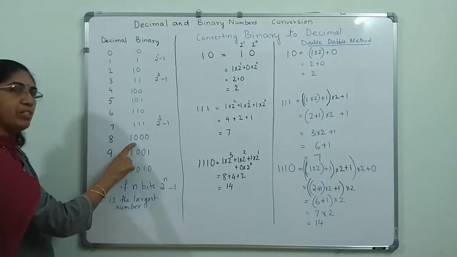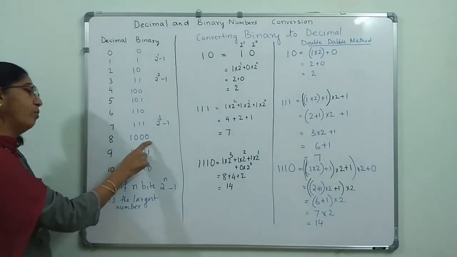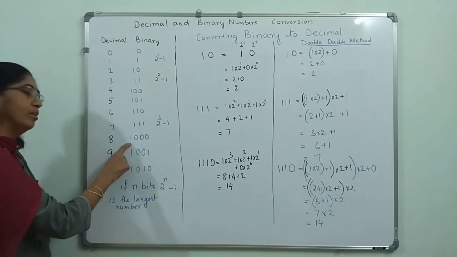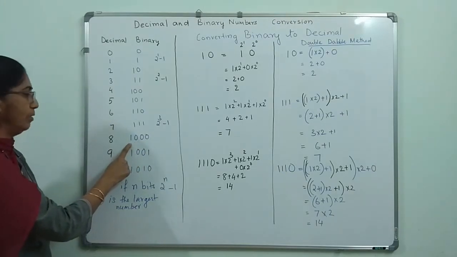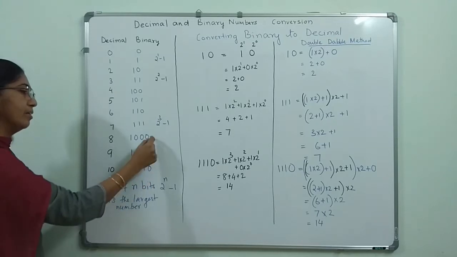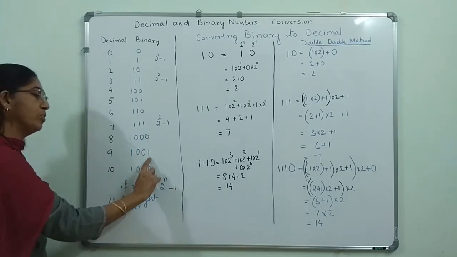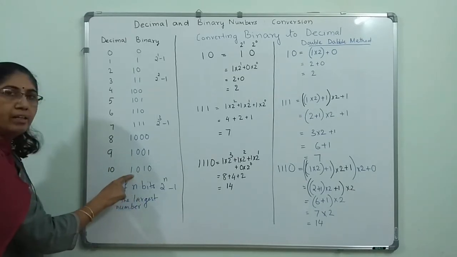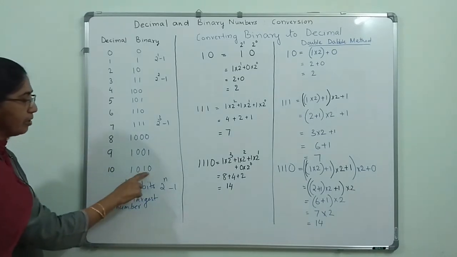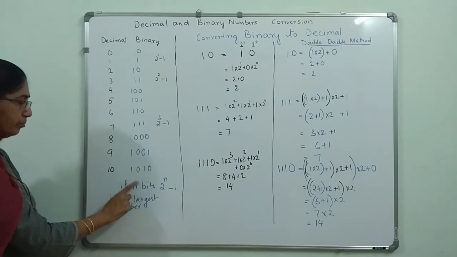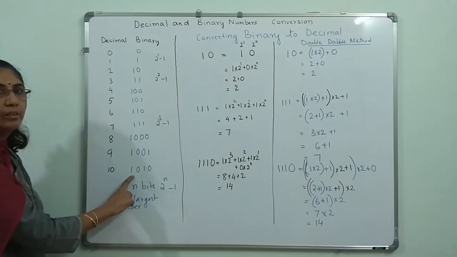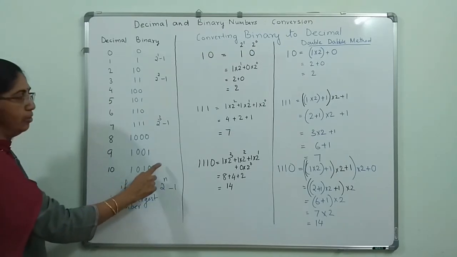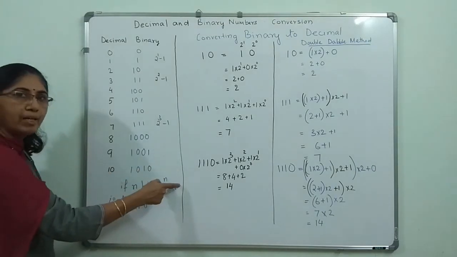Now going to the 4-bit. For the 4-bit minimum value, all the rest are 0. The maximum position is 1. Then 9: in the first position you give value 1. The others are the same. This is 9, 10 and so on. What will be the maximum value for a 4-bit arrangement? 2 raised to 4 minus 1.